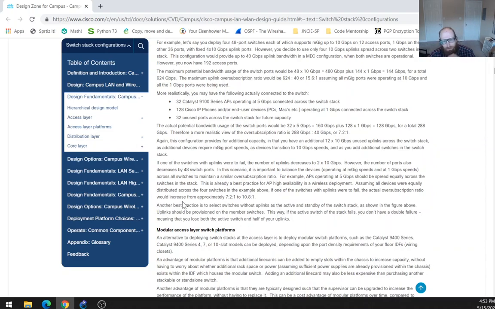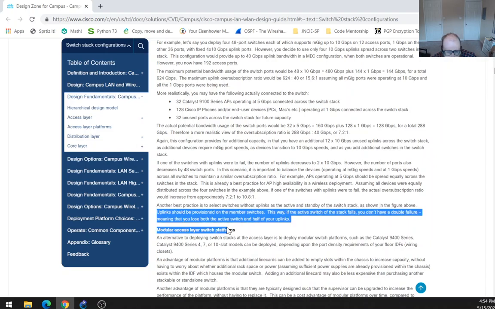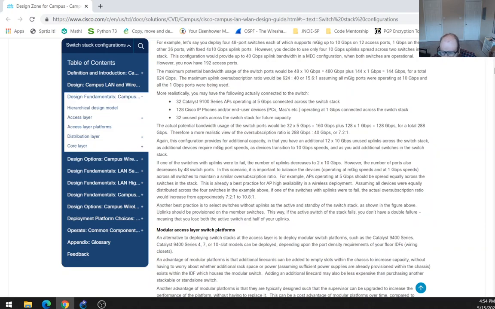Another best practice is to select switches without uplinks as the active and standby of the switch stack, as shown in the figure above. Uplinks should be provisioned on the member switches. This way, if the active switch of the stack fails, you don't have a double failure, meaning that you lose both the active switch and half your uplinks.